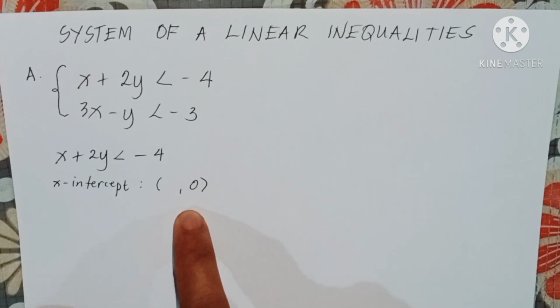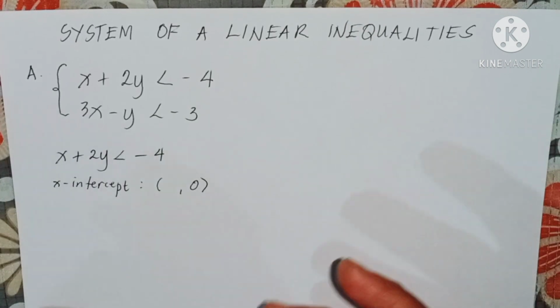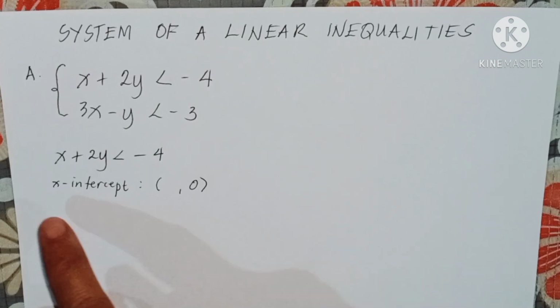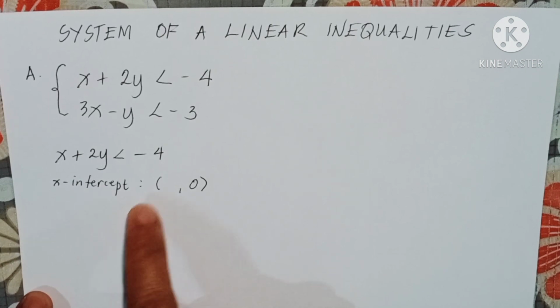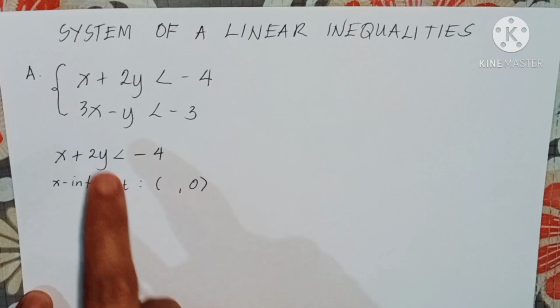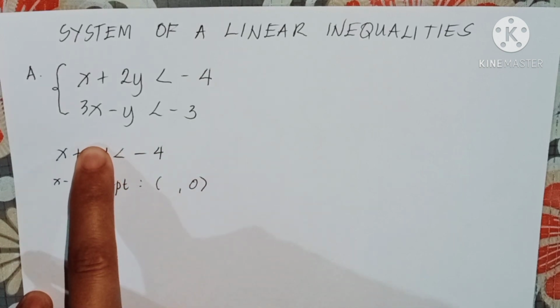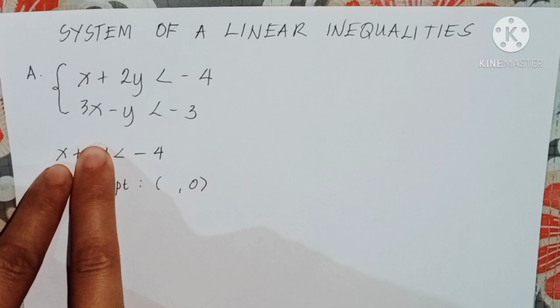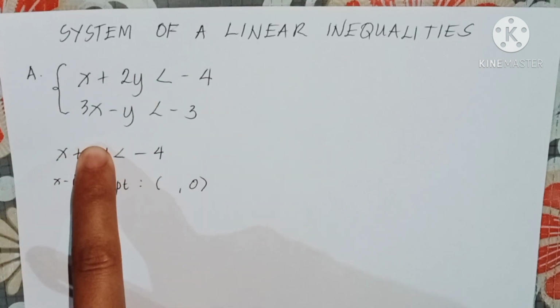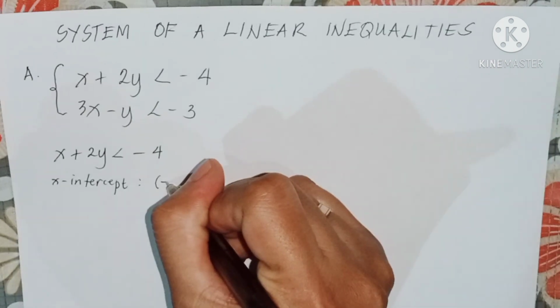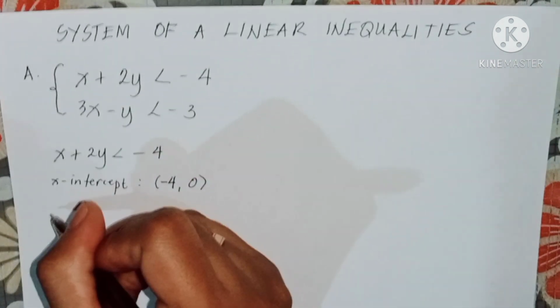We can use a short technique in answering this. We can find the x-intercept by covering the y since that is set to be 0. So, when we cover this, we have x is equal to negative 4. So, our x-intercept is negative 4.